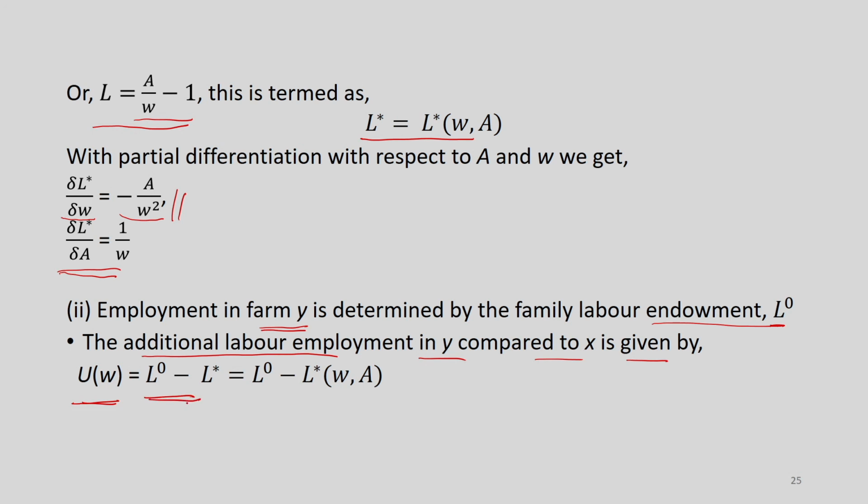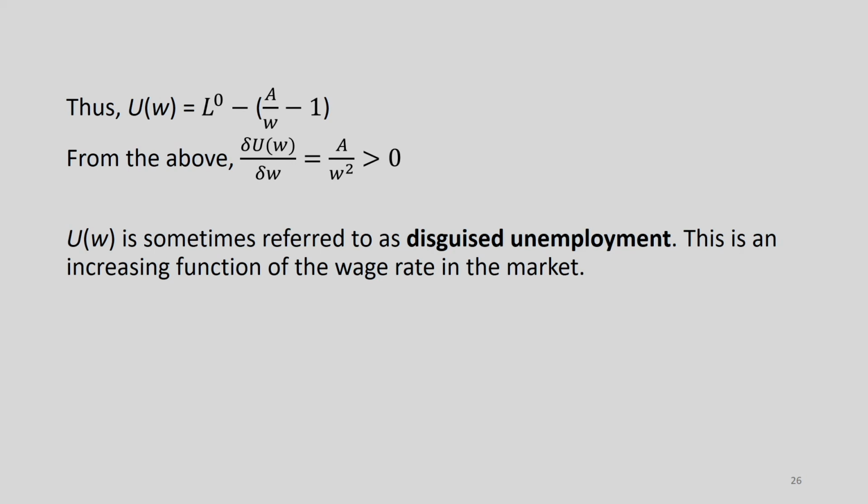It is the difference between the employment in the family firm, that is L0, and the employment in the other firm, the capitalist firm, that is L star. So, UW is equal to a function of W, and I write the expression for L star, which is A divided by W minus 1.